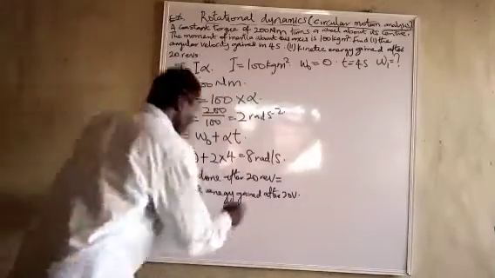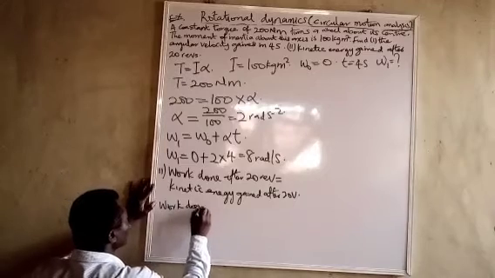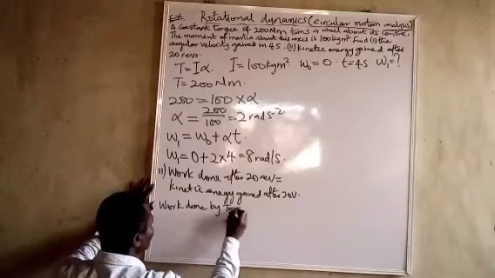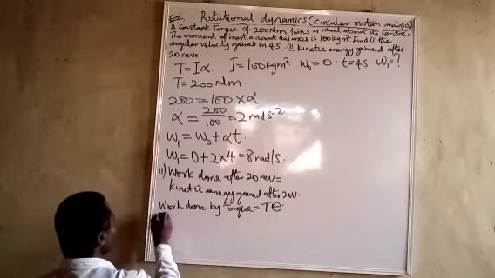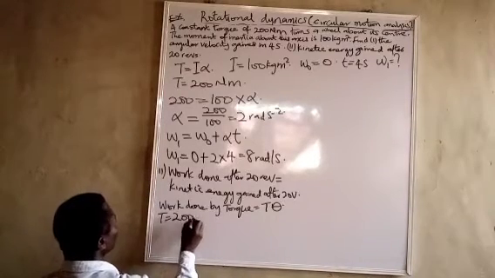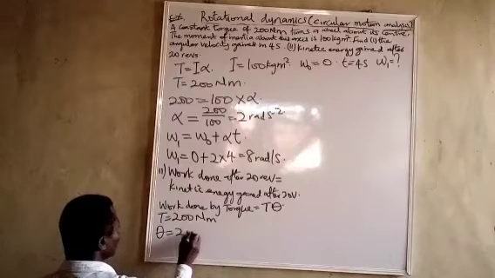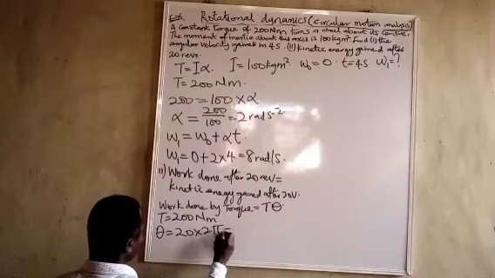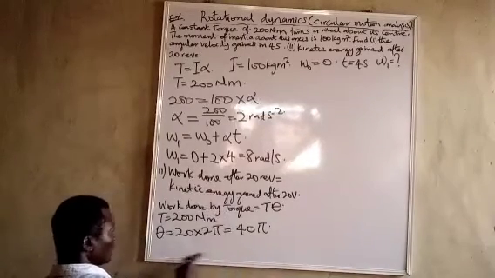And you know that work done by torque will be equal to T theta. T in this instance is 200 Newton meter. Theta here is 20 times 2 pi, which is 40 pi. Please note, 1 revolution is equal to 2 pi.